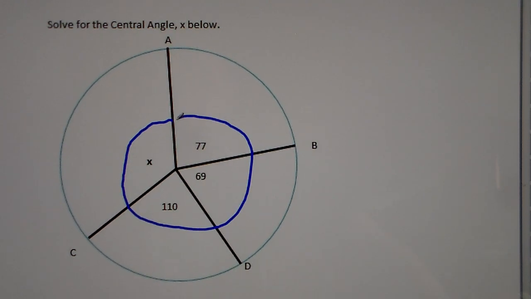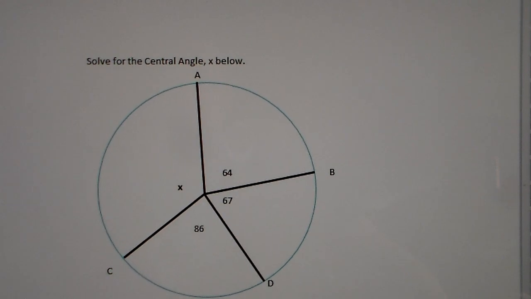There's 360 degrees inside of a circle. So that means these three angles added up. We take 360 minus the sum of those three angles, and we're going to find that last central angle. So we do 360 minus 77 minus 69 minus 110. And we're going to get a total of 104. So the value of x is 104.